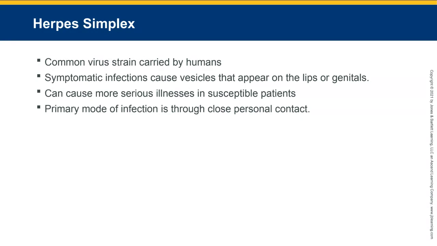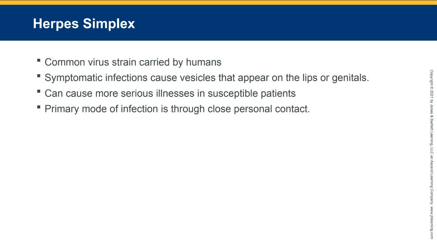Herpes simplex virus 1 is the one that causes oral herpes, and simplex virus 2 causes genital herpes. So herpes simplex virus 1 is the oral herpes. Herpes simplex virus 2 is the genital.